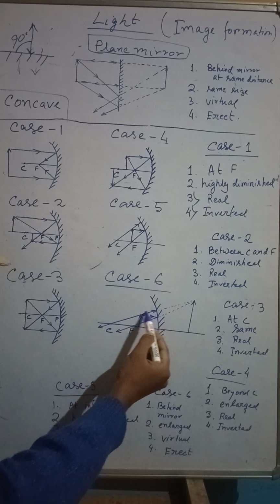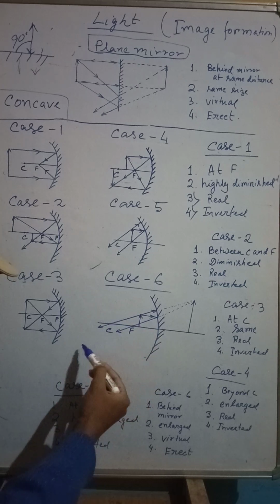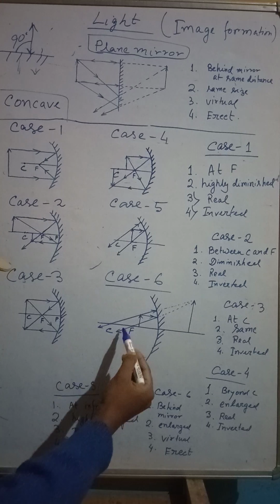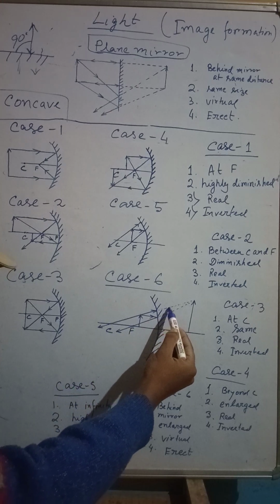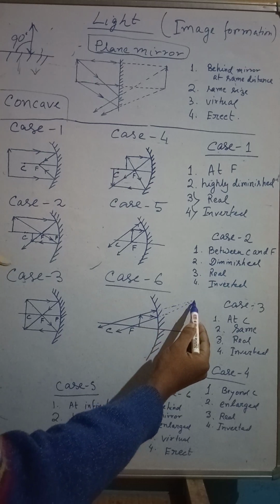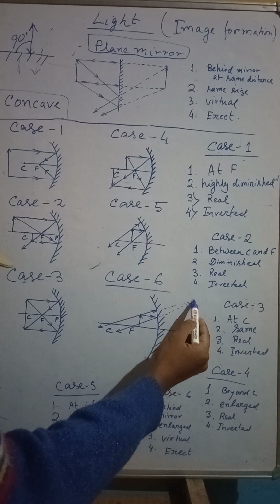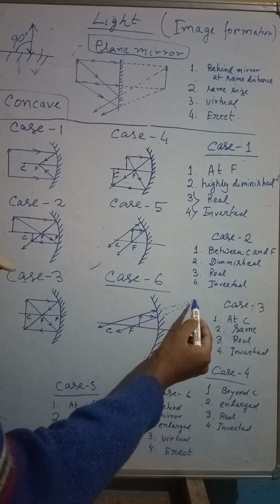These two rays will never meet in this direction. If I extend the reflected rays behind the mirror, they meet at this point. So this is the object, and this is the image.